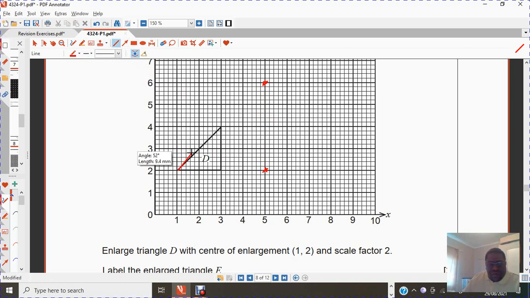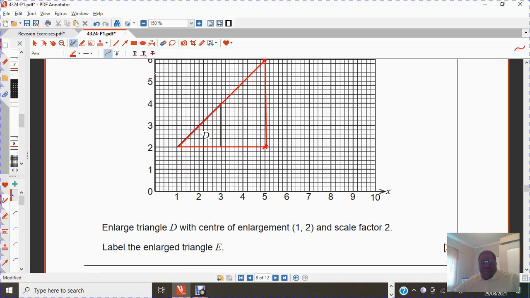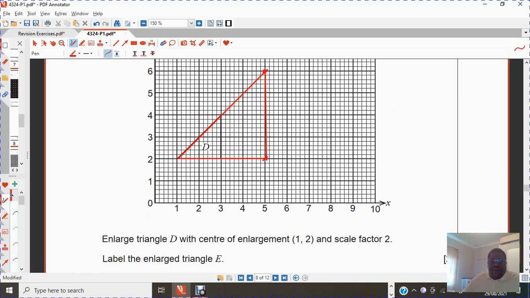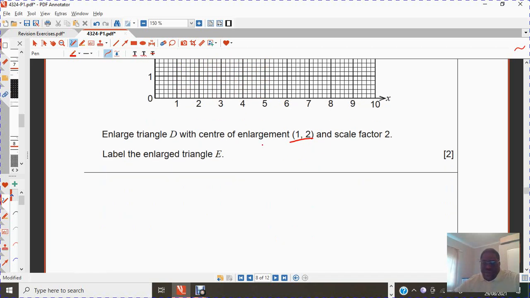From here, all the way up to there, from here, all the way up to there. Well, you get the idea. But that is how you do that question. They say scale factor, then you go ahead and label it E. So E is the enlargement. Now the center of enlargement is the point 1, 2. With scale factor 2, it's like the one is on top of the other. It's twice that big.